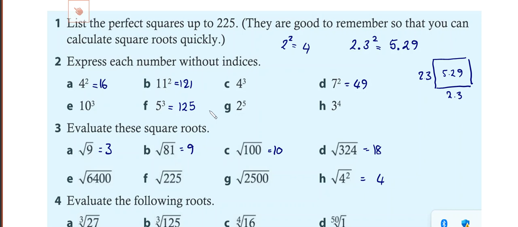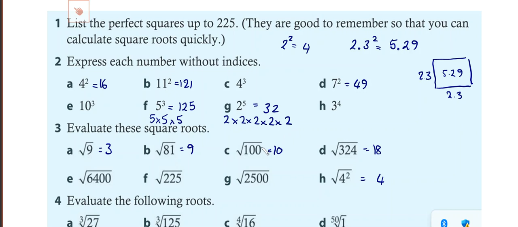Yes, so we do it 3 times. 2 to the power of 5 is 2 times 2 times 2 times 2 times 2, which is 32.